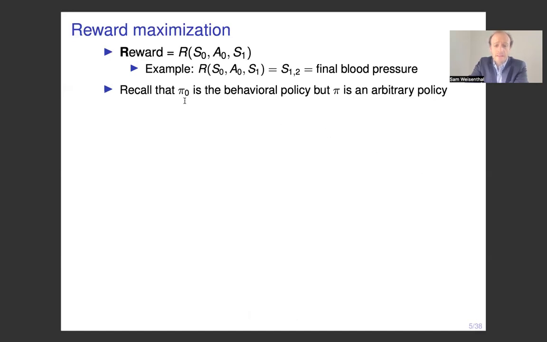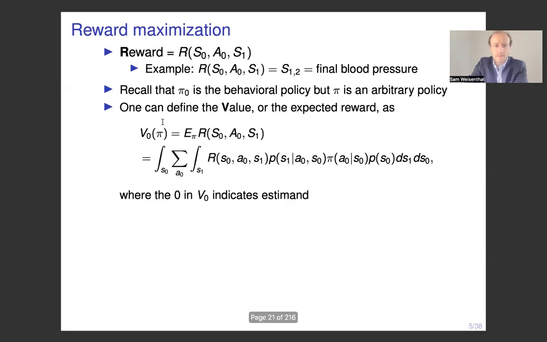Recall that pi naught is the behavioral policy, the data generating policy, but pi is an arbitrary policy. Now we're going to write the expected reward in terms of an arbitrary policy, and this is called value. One can define the value, denoted V for value, or the expected reward, as V naught of pi, which is the expectation under pi of the reward.